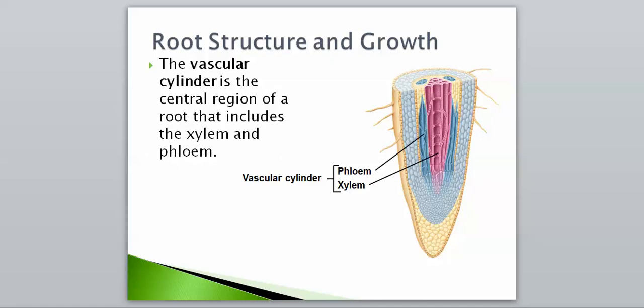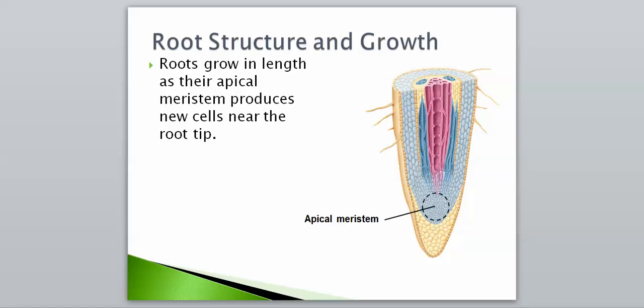And the vascular cylinder is simply a fancy way of saying where the xylem and phloem are located. So xylem and phloem put together are going to make up our vascular cylinder inside this root here. And it's just a central region of the root that includes the xylem and phloem. So vascular cylinder, fancy way to say xylem and phloem put together.